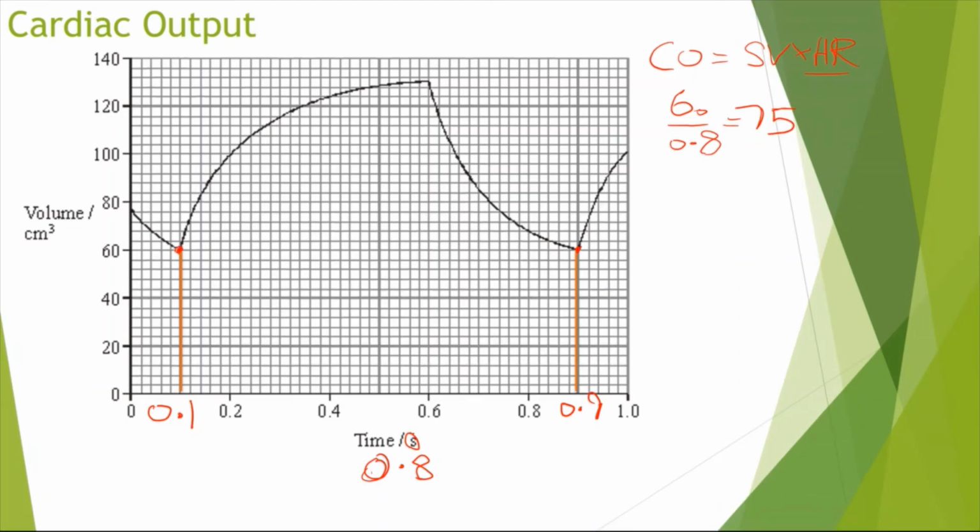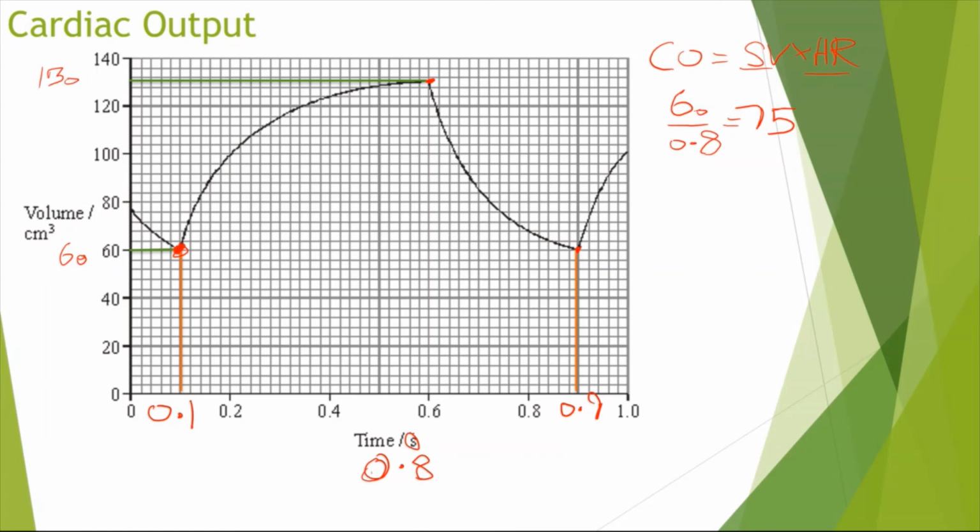Okay, even though I've got the heart rate, I still need to get the stroke volume. To get the stroke volume, I would look at the highest point on my graph as well as the lowest point on the graph, because this will be the blood that will be displaced away from the heart in one heartbeat. Looking at this, I get that the starting volume is 60 centimeters cubed, and at the end we end up having 130 centimeters cubed.